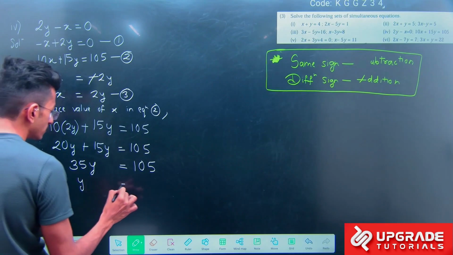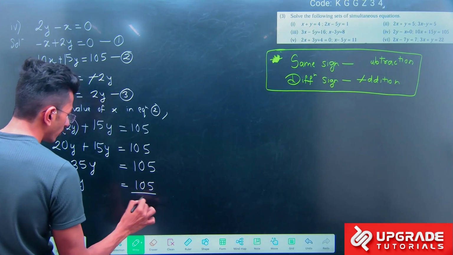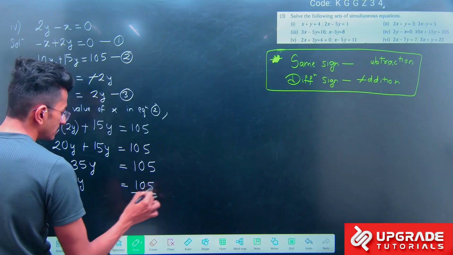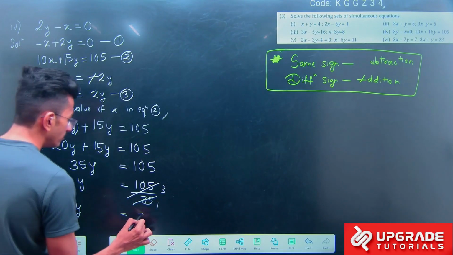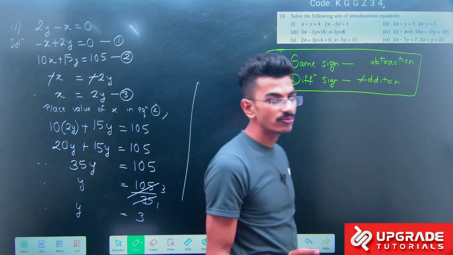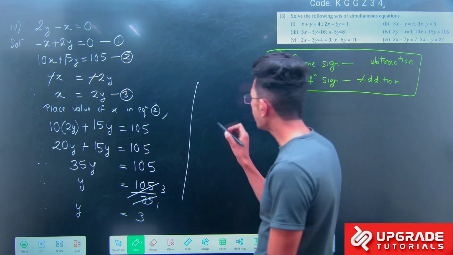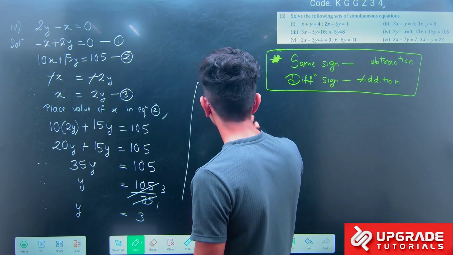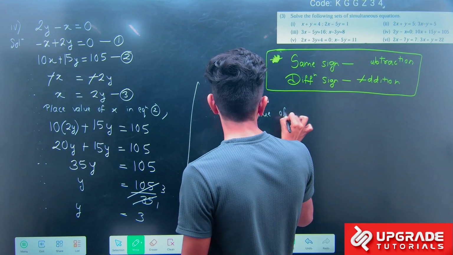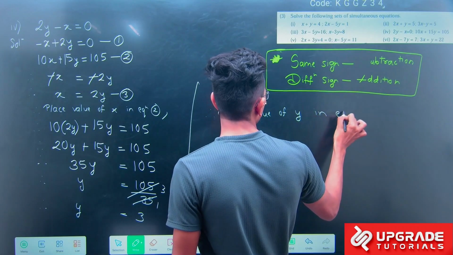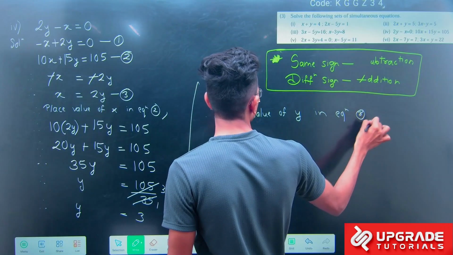Therefore, y is equal to 105 upon 35 is nothing but 3. So, what is the value of y? 3. Next, same, you have to place this value of y in any one equation. Place value of y in equation 3.